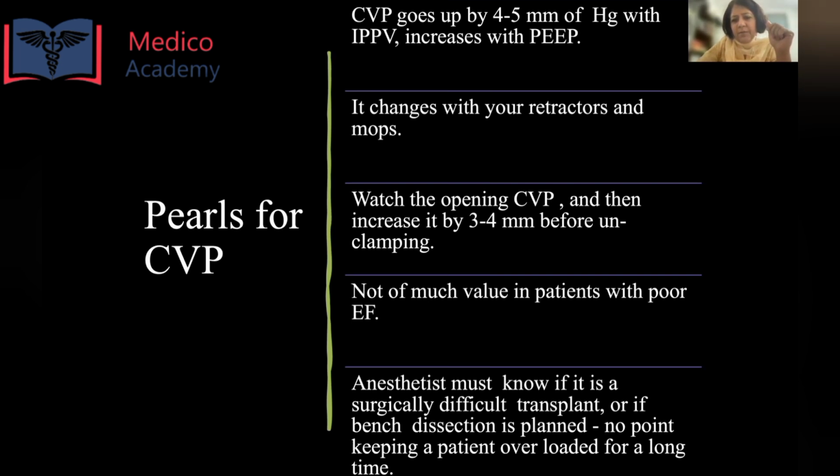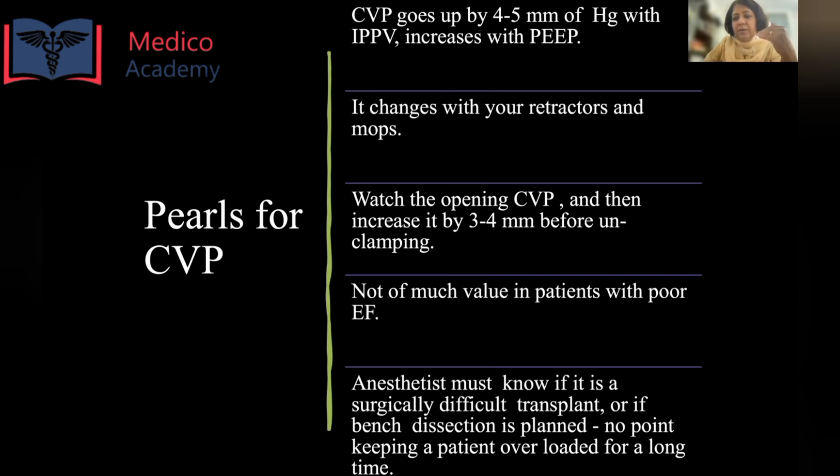We must also, as anesthetists, be aware of any tricky transplant, any difficult transplantation. So that sync with the surgeon has to be there. It is the responsibility of the surgical team, and ours, to inquire before surgery. That is why in the WHO safety checklist, if you see, there is a column which says whether it is a routine procedure or not.